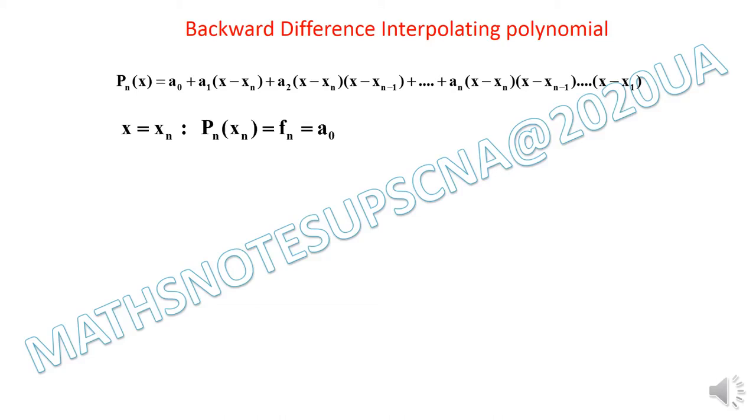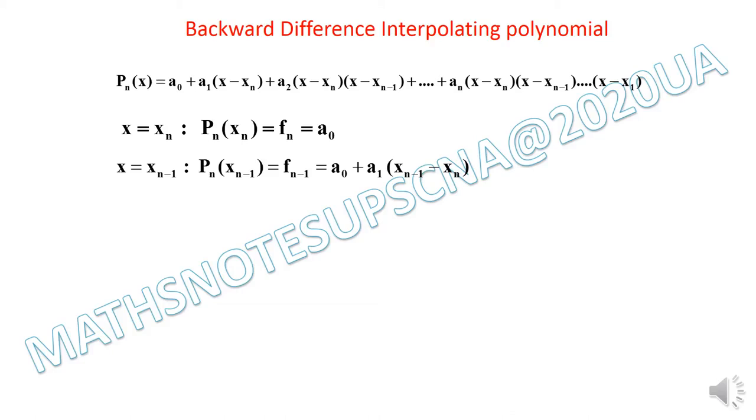So our expression becomes Pn(xn) is equal to a0, and if we see the second term, this becomes 0 and the next also, so all the terms become 0 except the first term, that is a0, which we may write as fn. Now we substitute x equal to x(n−1), so our expression becomes Pn(x(n−1)) is equal to f(n−1) is equal to a0 plus a1 (x(n−1) − xn).